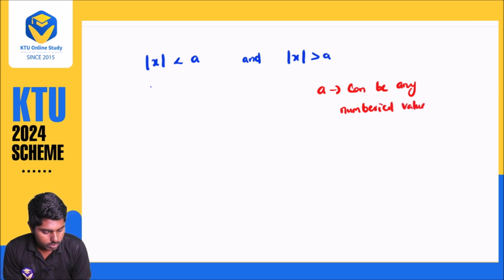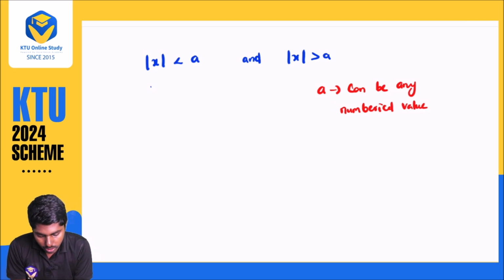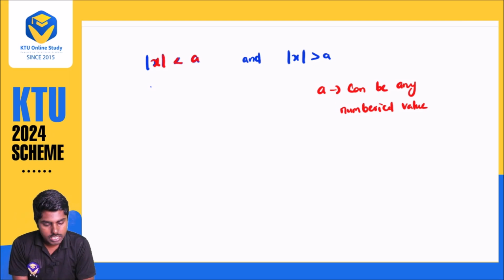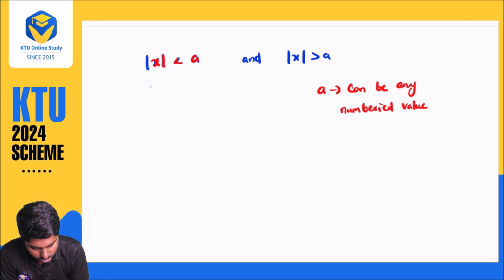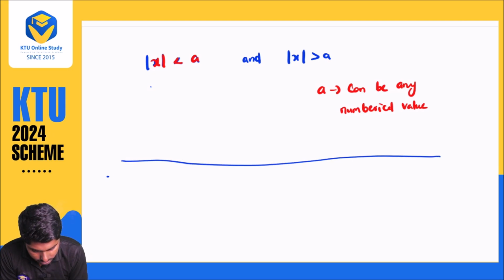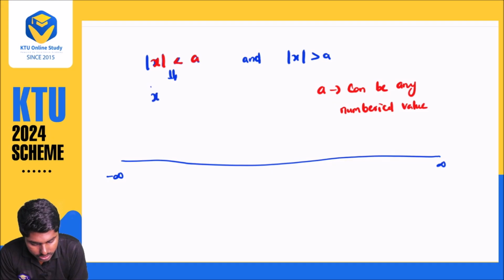Whenever in a question they are giving mod x is less than a, what is its meaning? We know there is a limit, that is minus infinity to infinity. Mod x is less than a means they are indicating x is up to a, and here minus a, that is nothing but minus a less than x less than a.